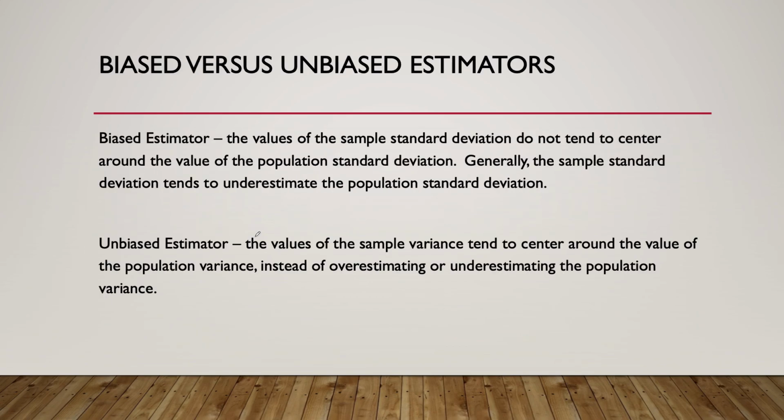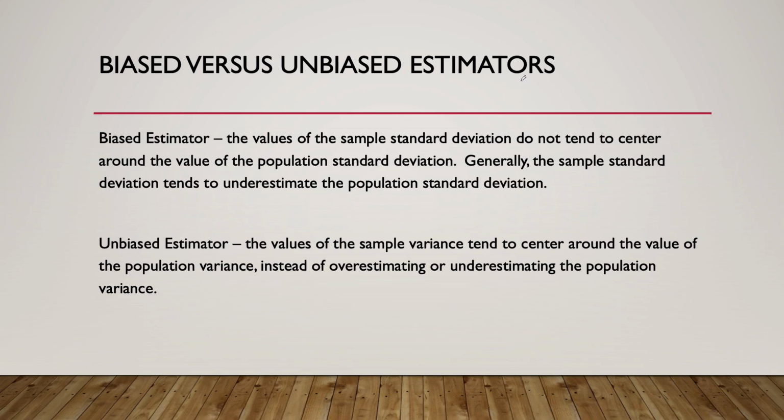And when it comes to these estimators, we should know about biased versus unbiased estimators. A biased estimator is where the values of the sample standard deviation, for example, do not tend to center around the value of the population standard deviation.